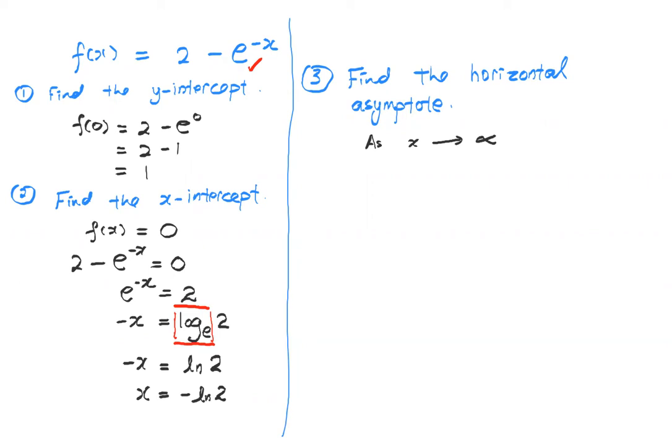So I will ask myself, what happens to e to the power of negative x? So now your imagination comes in. Be initiative. Put in a very big positive value of x.